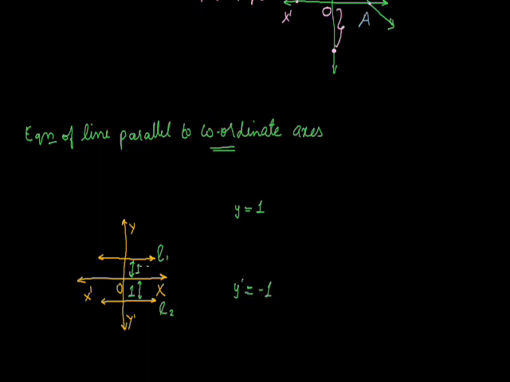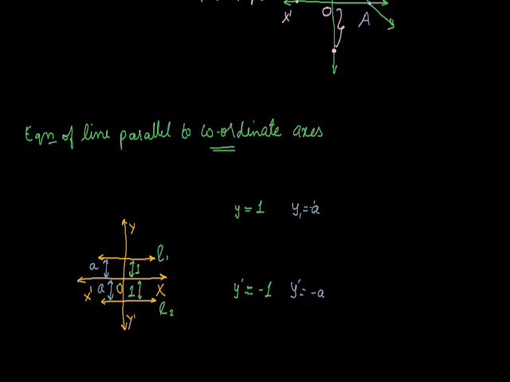Similarly, if I take these L1 and L2 lines, instead of unit distance, at some distance a, then the y coordinate of L1, that is y1, will always be a, and the y coordinate of L2 will always be -a. Hence, I can say that the equation of line y equal to a or y equal to -a will always be a line parallel to the x-axis.